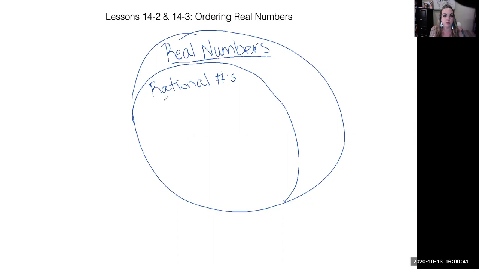So within rational numbers, we have integers. And then integers are whole numbers that are positive and negative.